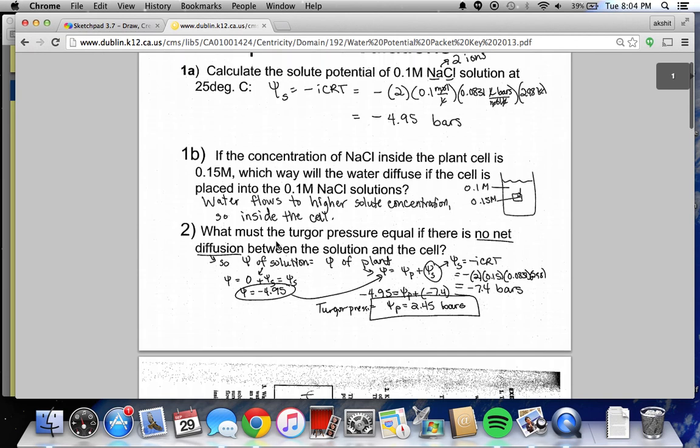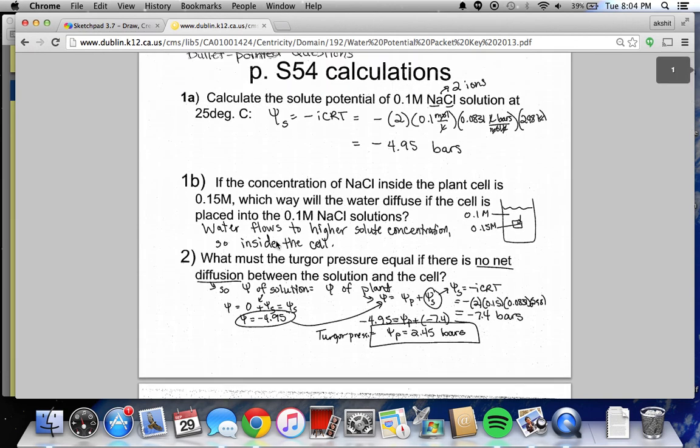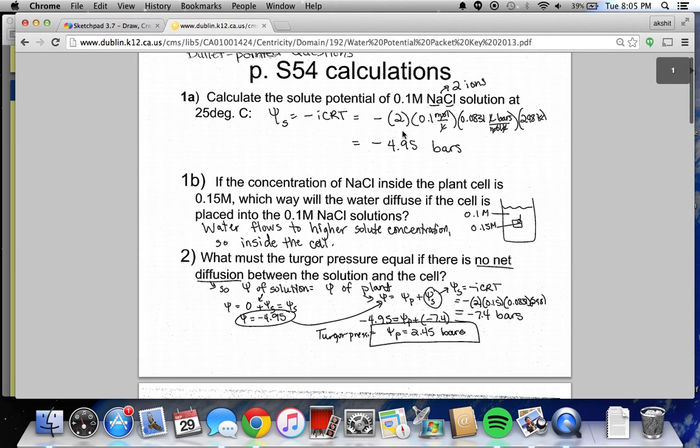And in this one, what was the turgor pressure, so the plant pressure, equal to if there's no net diffusion between the solution and the cell? Outside the cell, because it's placed in a 0.1 molar sodium chloride solution, the water potential of the solution is negative 4.95 bars as we calculated in 1a. And then that's going to equal the turgor pressure plus the solute potential of the cell.